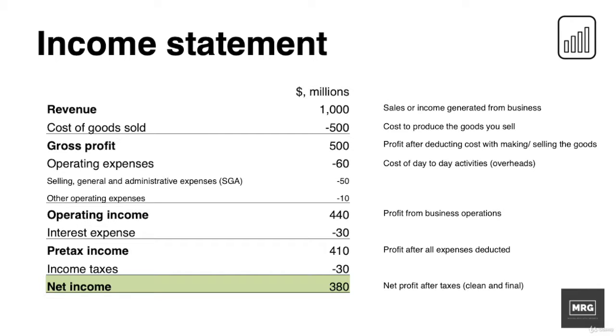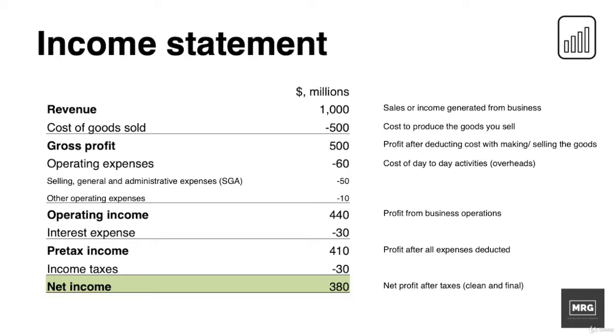If we go back to the example of the fruit stall, revenue is the money that you make from selling fruits. The cost of goods sold is the direct cost that you use to purchase the fruits. Then you come to the gross profit, and the operating expenses for the fruit stall could be the rent.